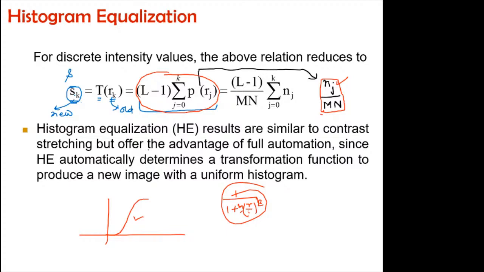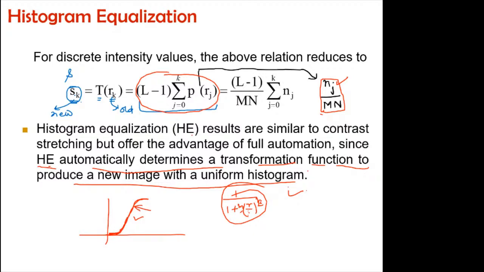But here we have the advantage of full automation, since histogram equalization automatically determines a transformation function to produce a new image with a uniform histogram. In case of contrast stretching, you needed to write this equation. You have to find out the mathematical equation.